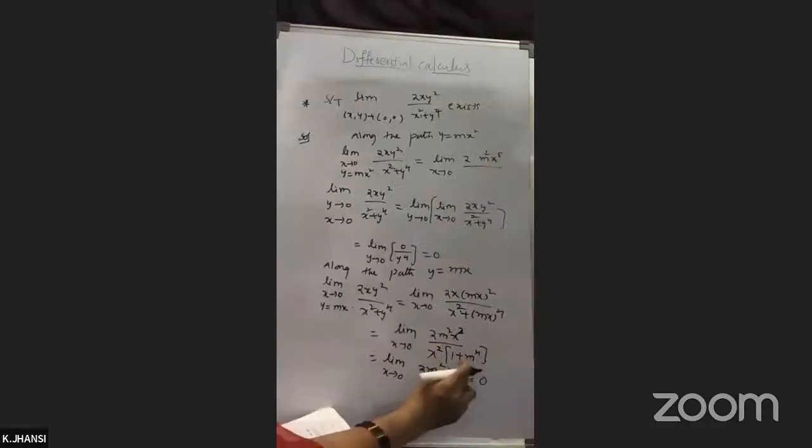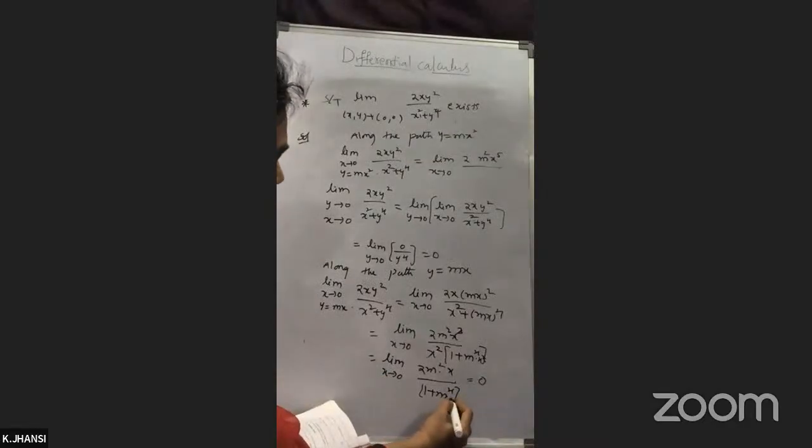What, in the last sentence, ma'am? Limit x tends to 0 of 2m square into x by 1 plus m power 4 into x square. X square we have cancelled in the numerator and denominator, no, here? What she's telling is, ma'am, after taking common as x square, 1 plus m power 4 into x square, whatever the value is, the final value must be 0, right?